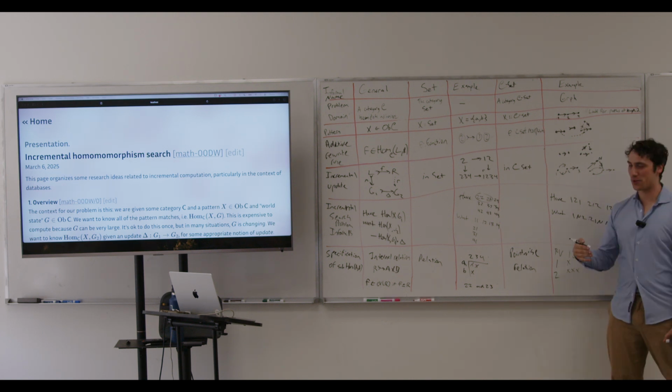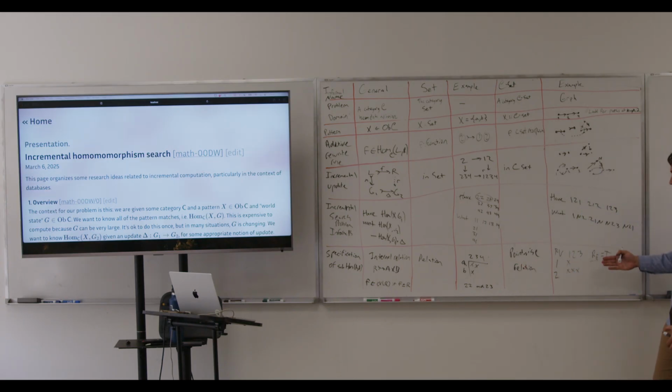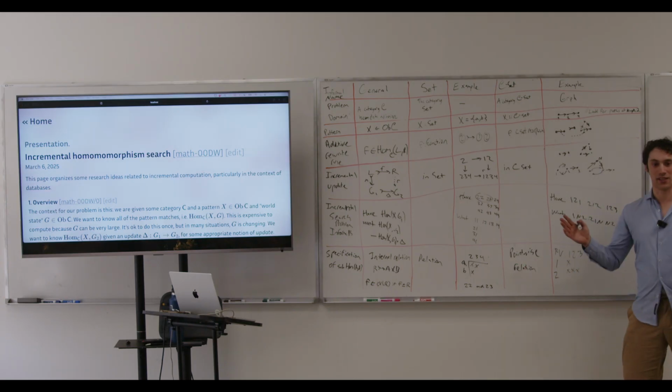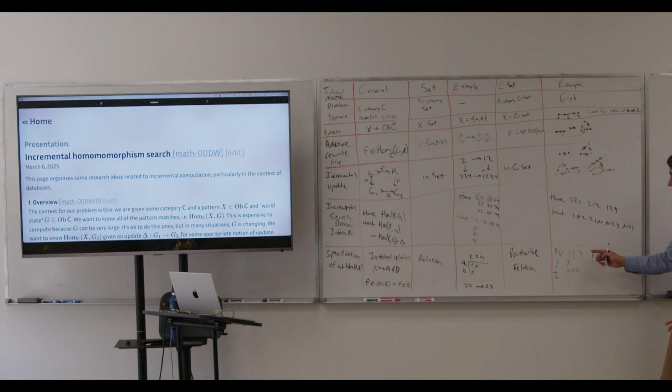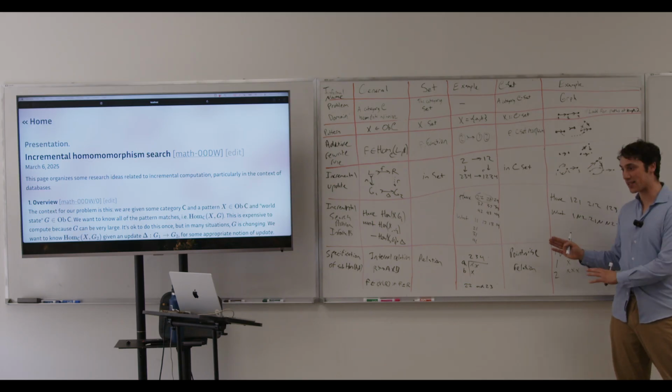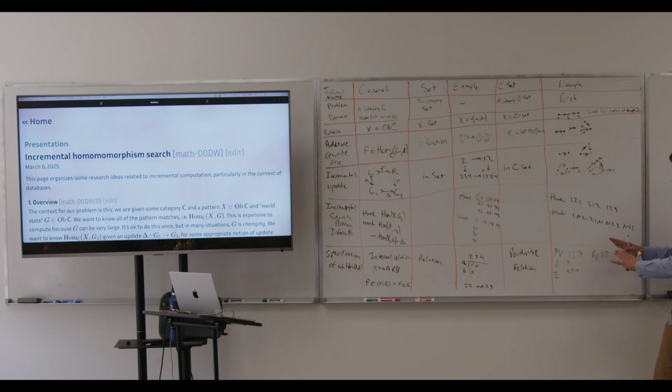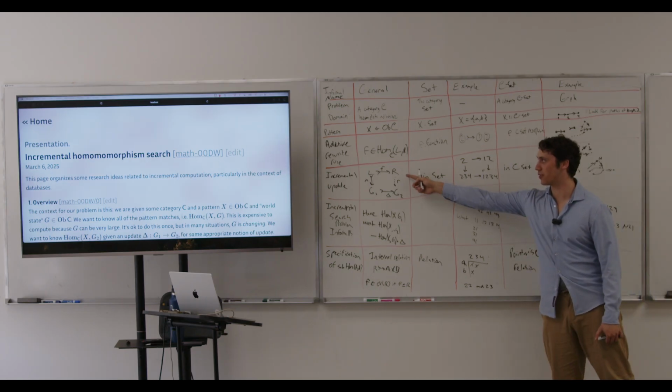And to spoil why this is fast: the general HOM search problem is NP complete, it's really slow, but as long as you can actually initialize even one value, you get what's called a rooted subgraph isomorphism problem, which scales in just the size of your pattern and maybe the branching factor. So in general, we want to convert something that scales with the size of G2 into multiple searches that only scale with the size of our pattern X.